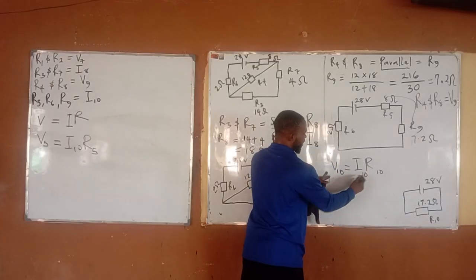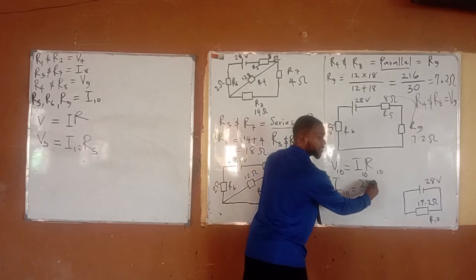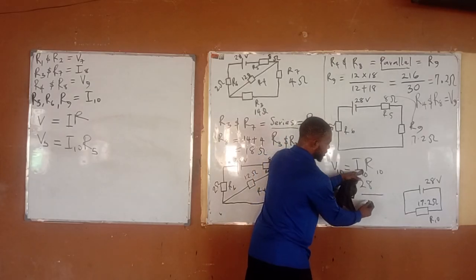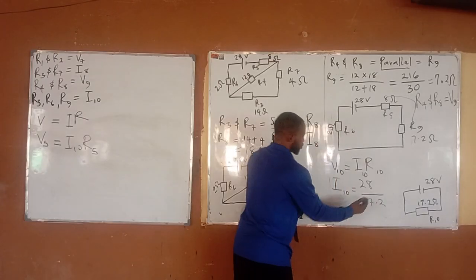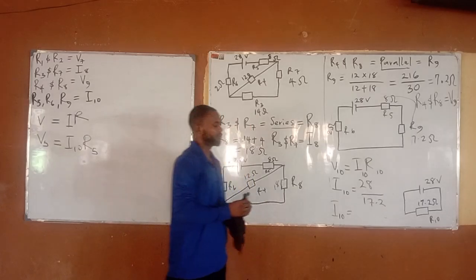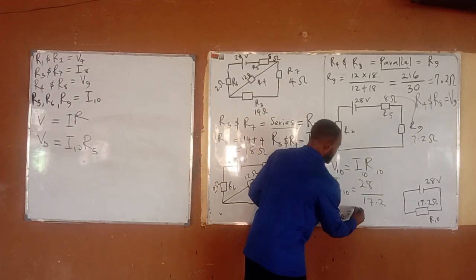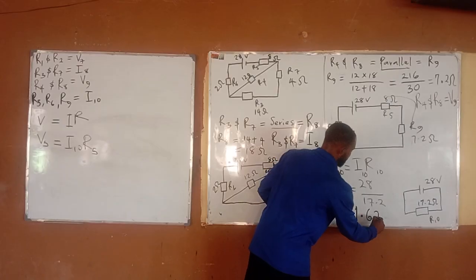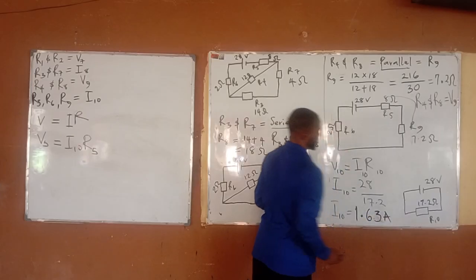So to find the current, I10 equals V10, which is 28, all over R10, 17.2. So I10 will be equals to, punch it. 1.62, which is approximately 1.63 amperes.